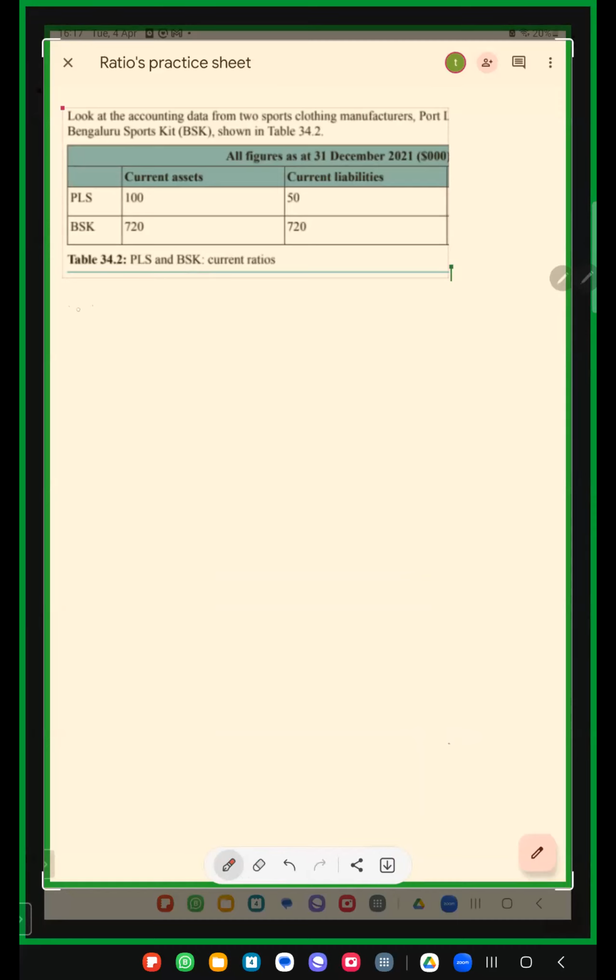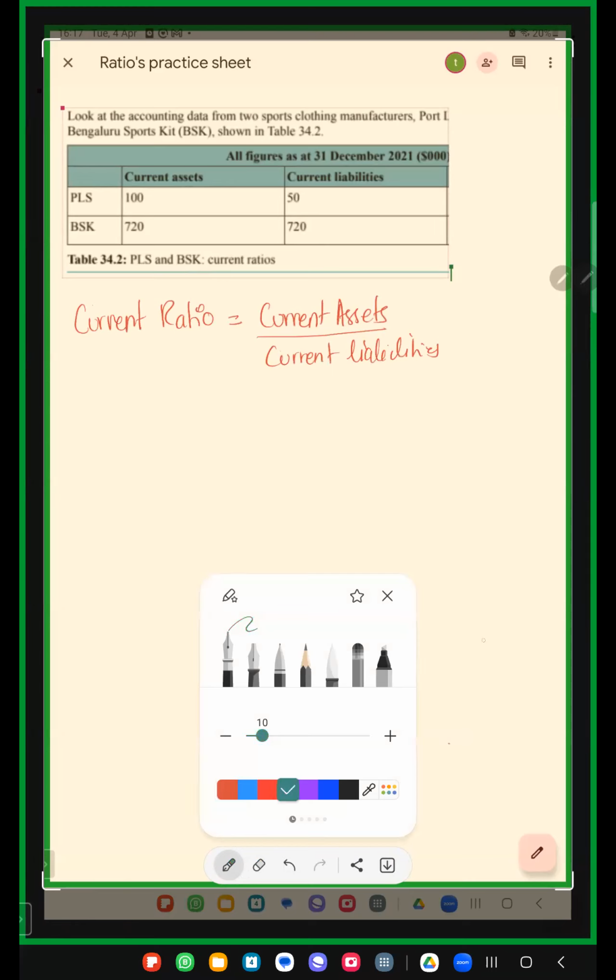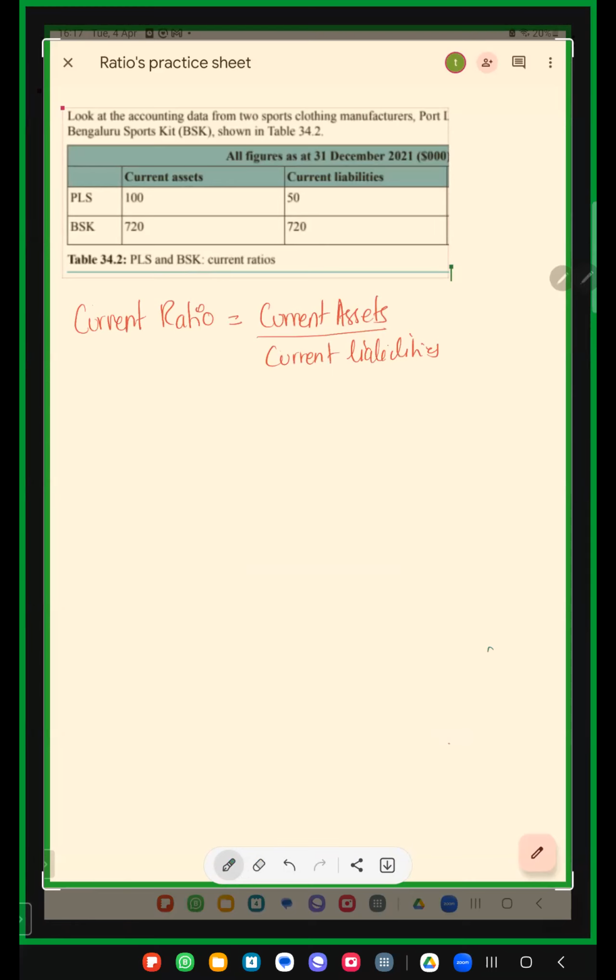Your step 1 would be writing the formula: current ratio is equal to current assets divided by current liabilities. That is already given you 1 mark. Then your second step would be, for PLS, what is it?